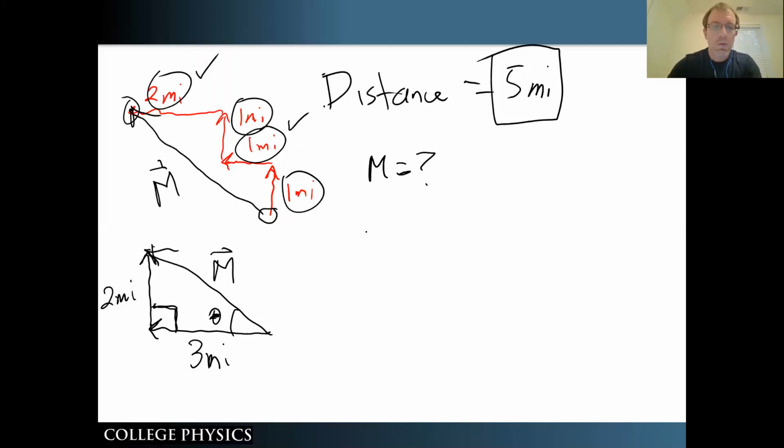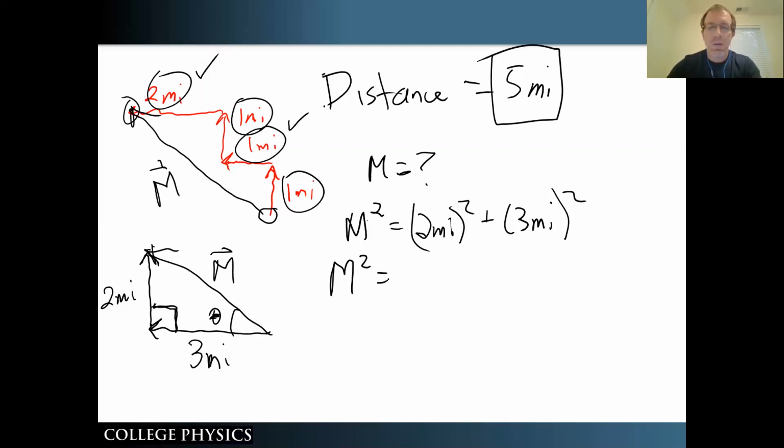So M squared is equal to 2 miles squared plus 3 miles squared. When I do this, I get M squared is equal to, let's see, 2 squared is 4, 3 squared is 9, and those are square miles.